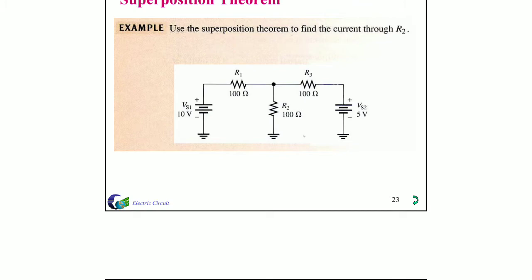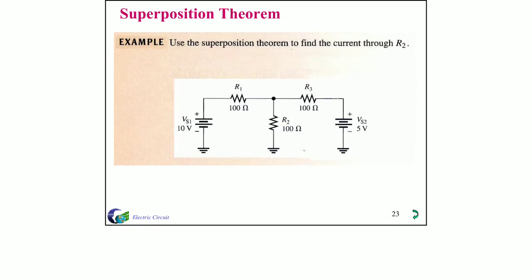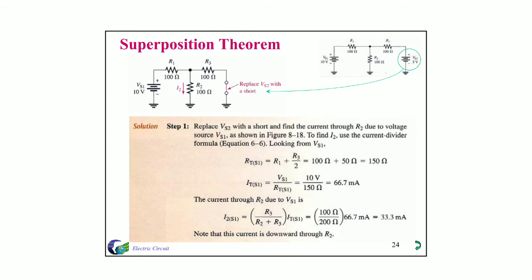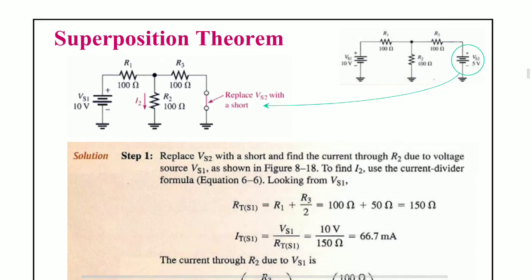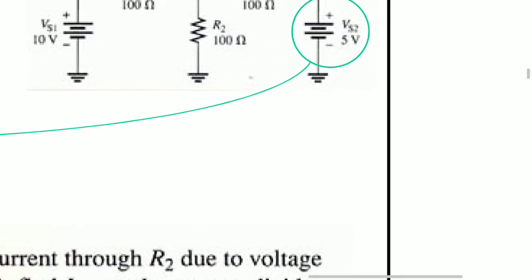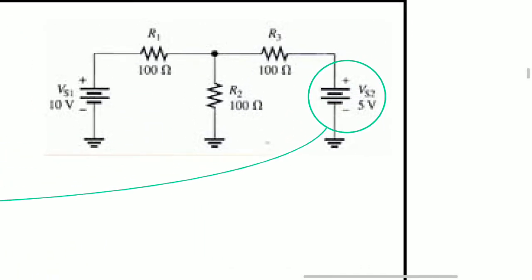From this circuit we can calculate the value of the current or voltage. In this case, find the current through R2. In the superposition theorem, observe this: the 5 volts source Vs2 is replaced by a short circuit.